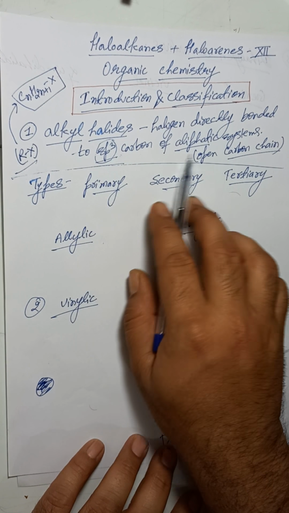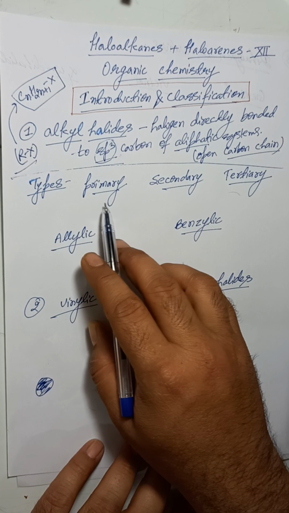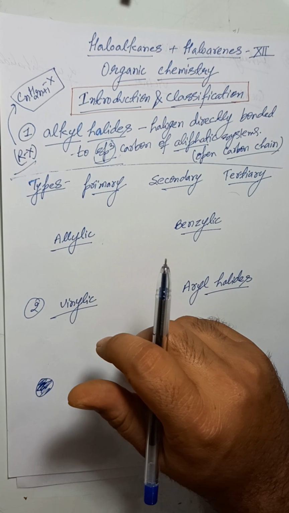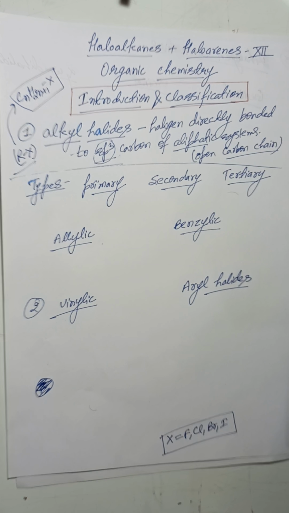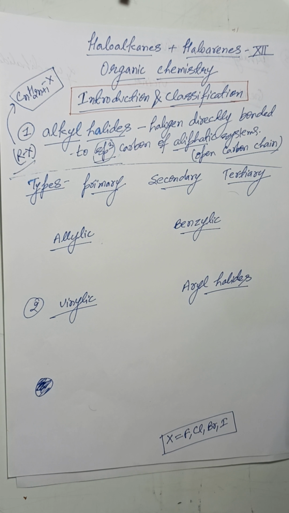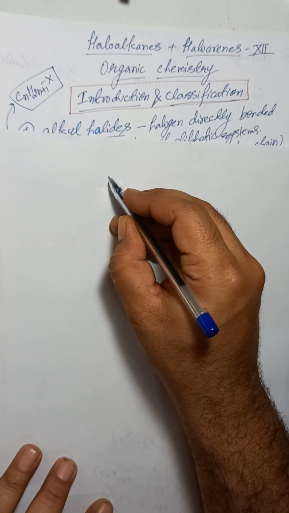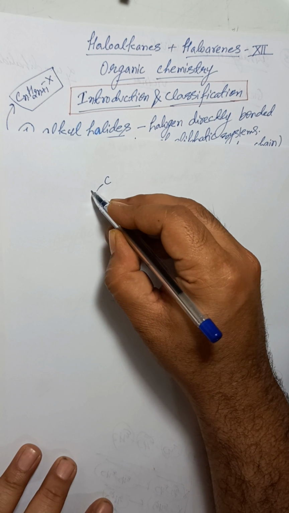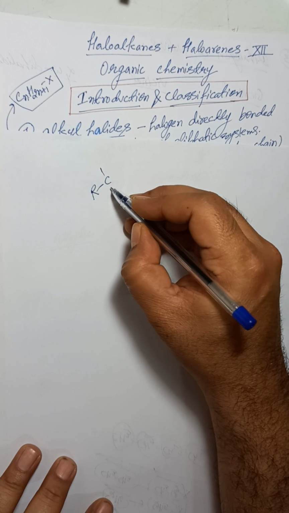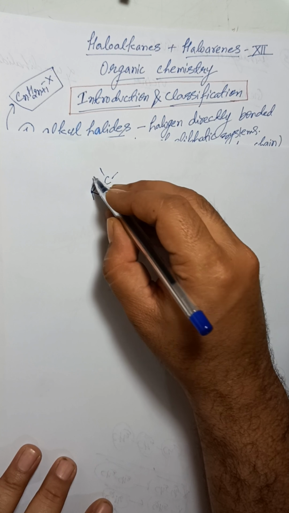These alkyl halides have different subtypes like primary, secondary, and tertiary. From class 11, you have to understand the meaning of primary, secondary, and tertiary. Primary carbon means carbon which is further attached to one more carbon. This is primary carbon.